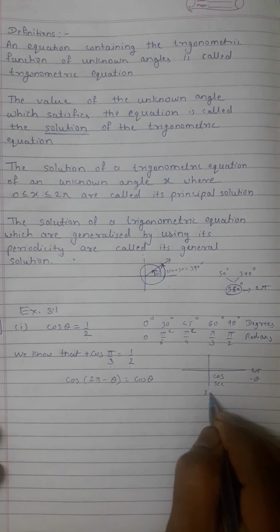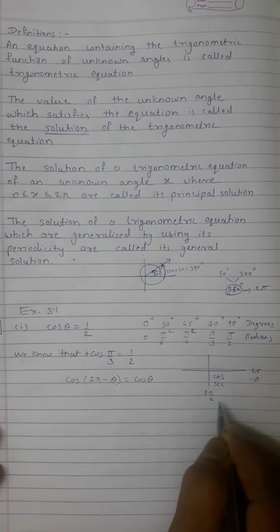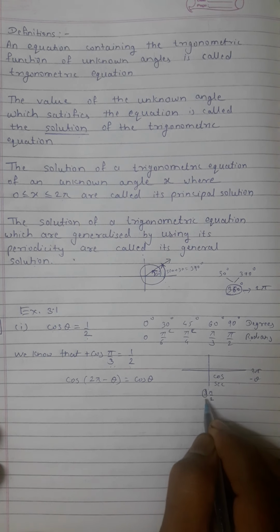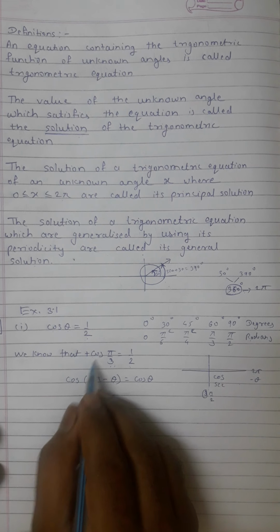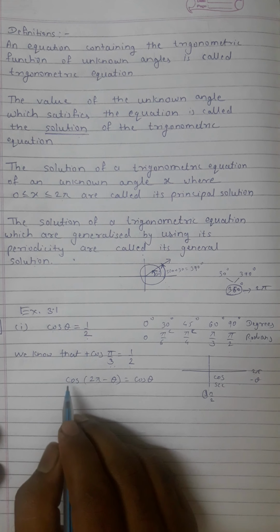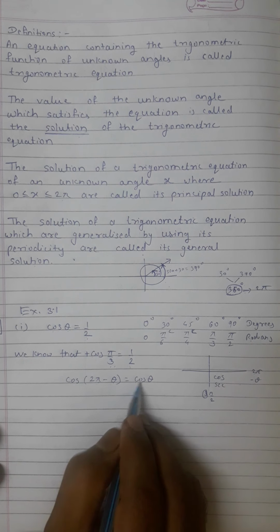If we had taken 3 pi by 2 plus theta, then because of the odd multiple, cos would become sine. We don't want that; cos should remain cos.